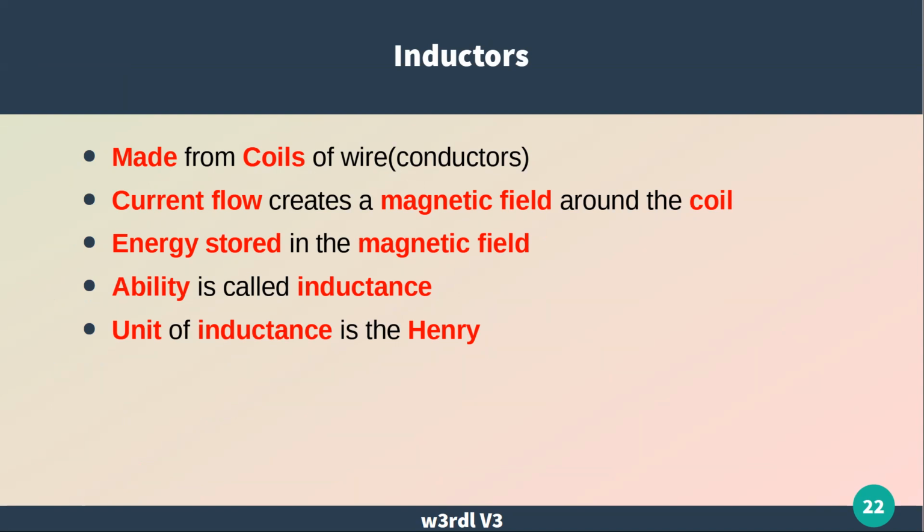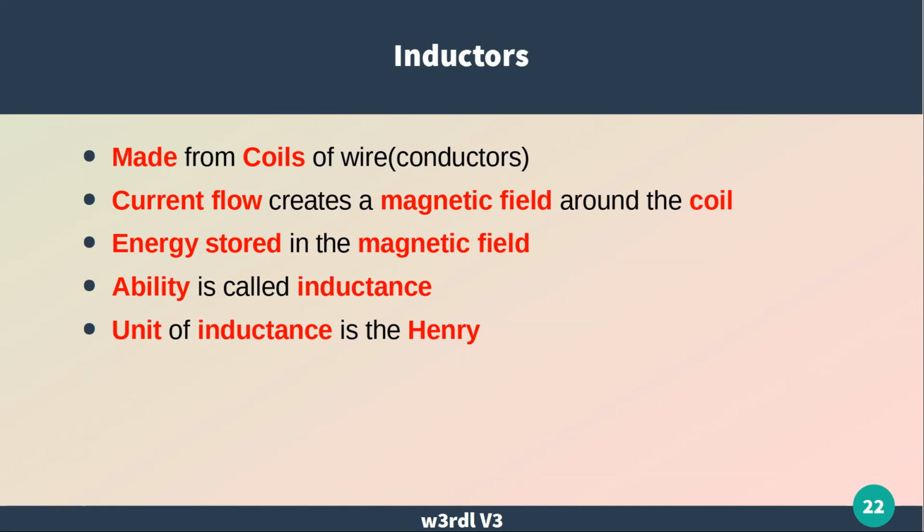Even a straight wire actually has some inductance, because as current flows through it, it creates a magnetic field around it. So when you put them together in a coil, it allows the magnetic fields to combine together and basically concentrate.